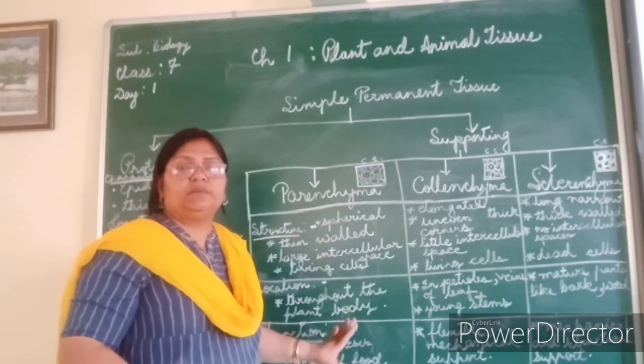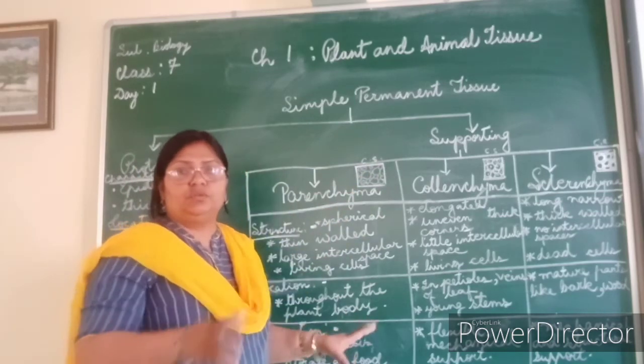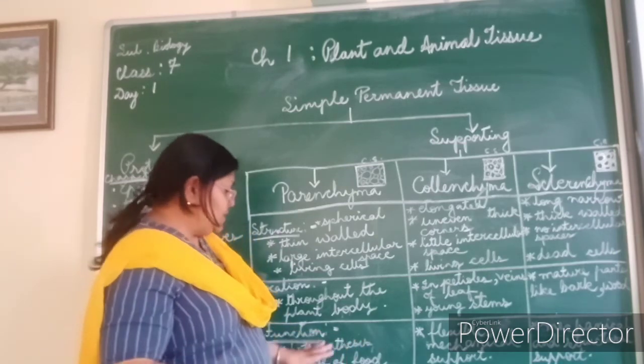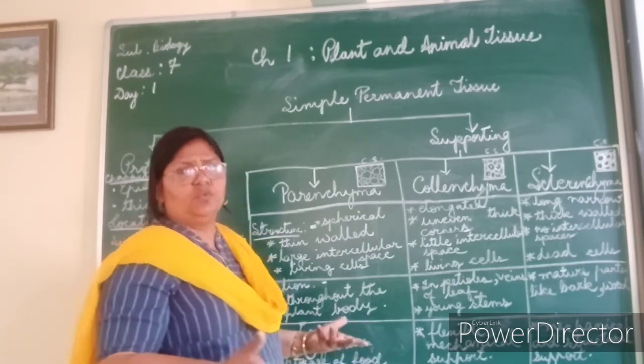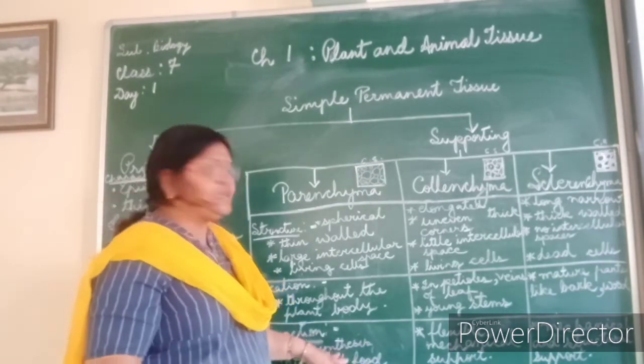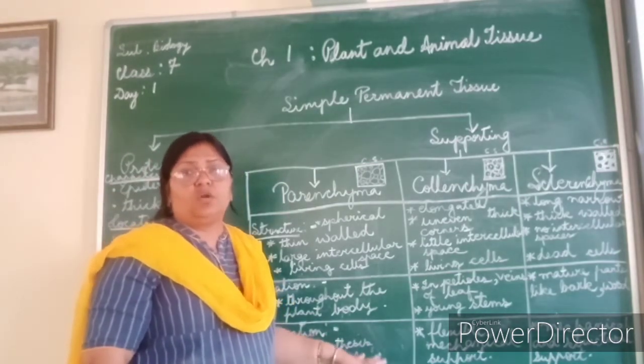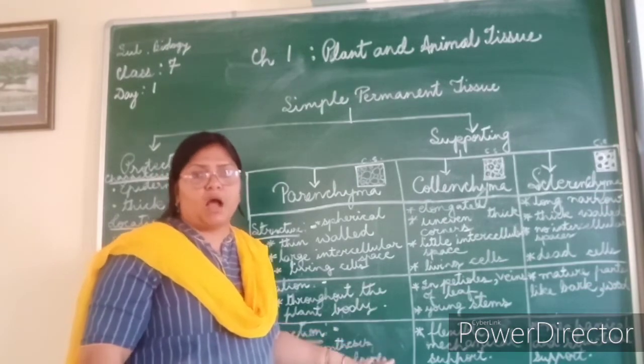They are also given some special names which you may not have in your class 7 syllabus, but just for your interest I can tell you. The cells which perform photosynthesis, the parenchymatous cells, are called chlorenchyma.